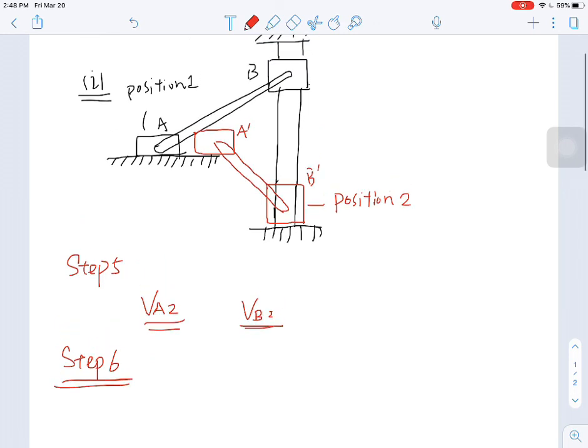Looking at this problem, the rod in between A and B is rigid, so it won't change size and shape. And another thing is block A can only move in the I direction, block B can only move in the J direction. This is very similar to what we learned in rigid body kinematics, and also very similar to the pulley rope problem we learned.